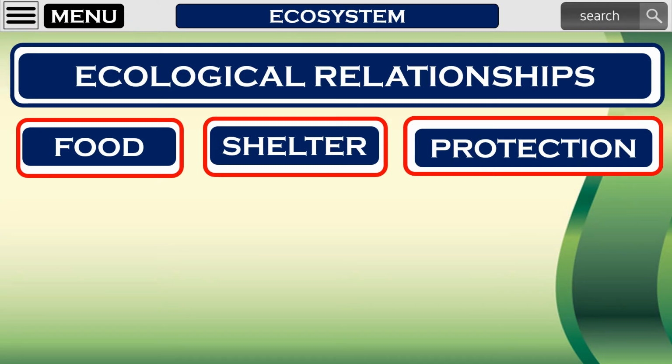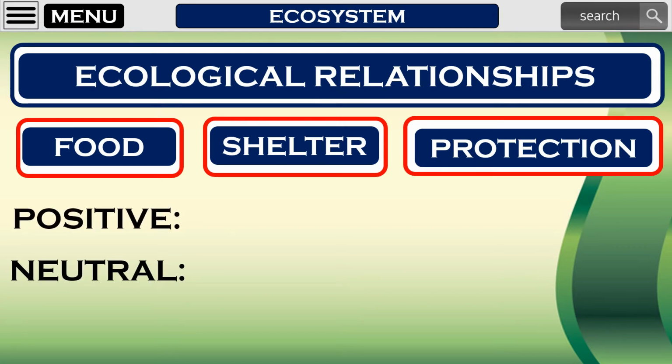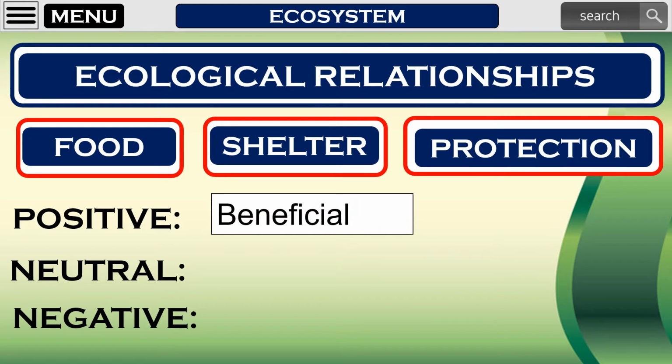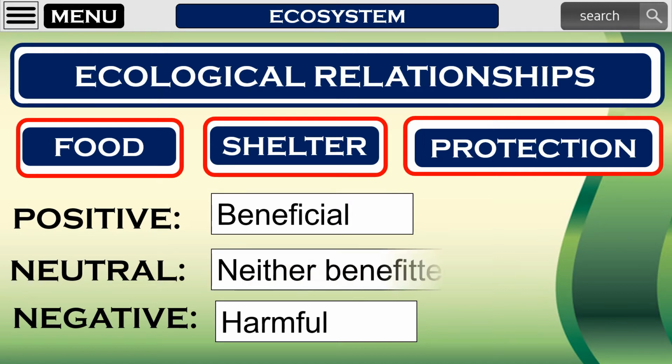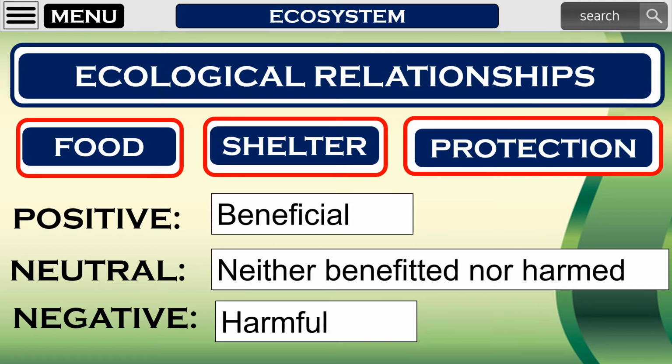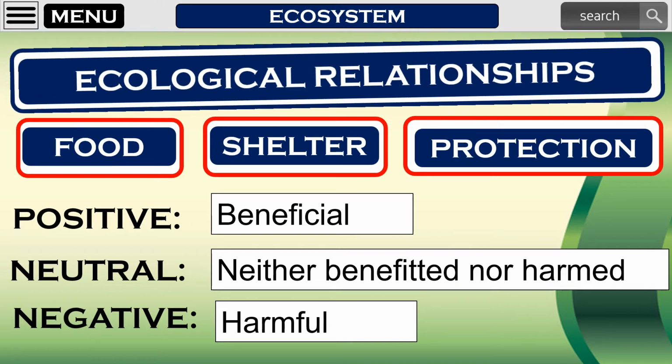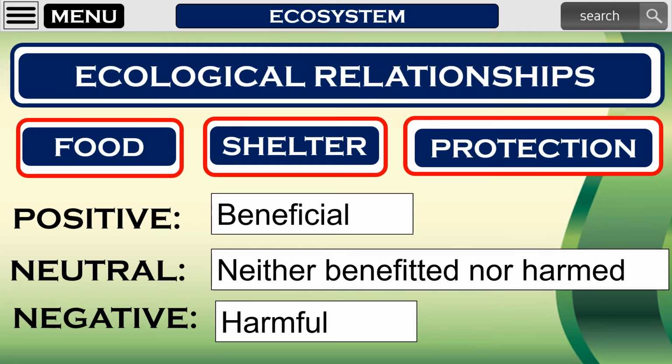These interactions may have positive, neutral, or even negative influences on the interacting populations. Some interactions are beneficial, while others are harmful. There are also interactions where populations of organisms are neither benefited nor harmed. These interactions are called ecological relationships.